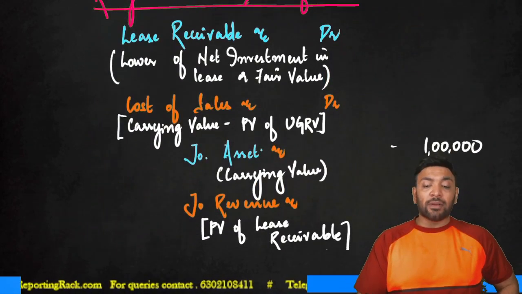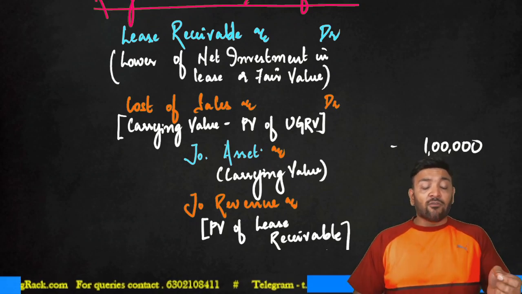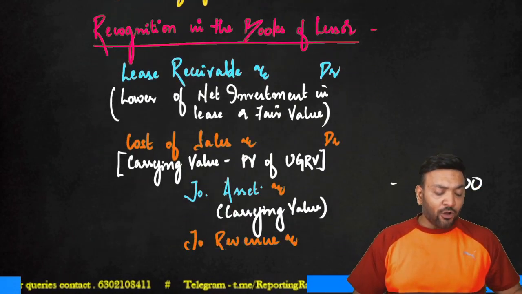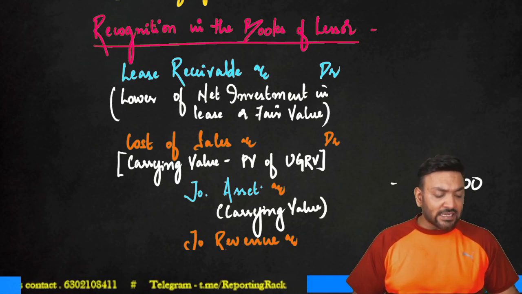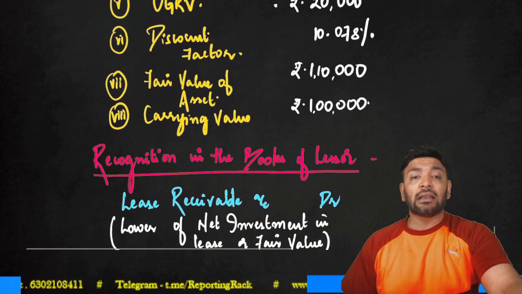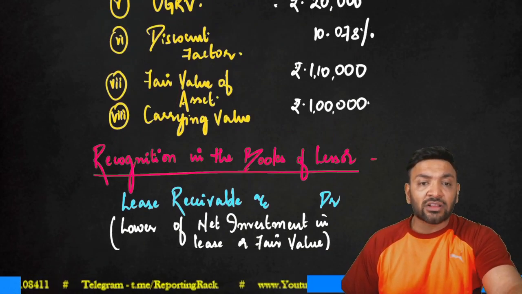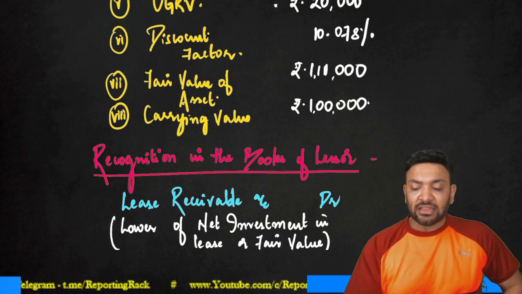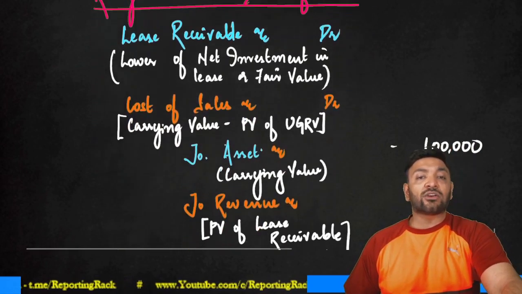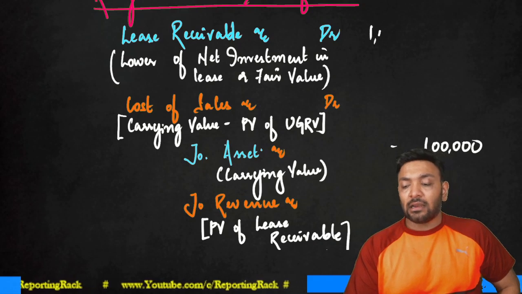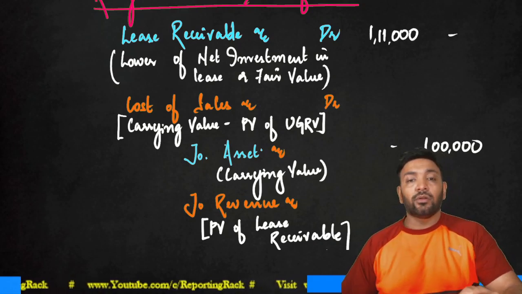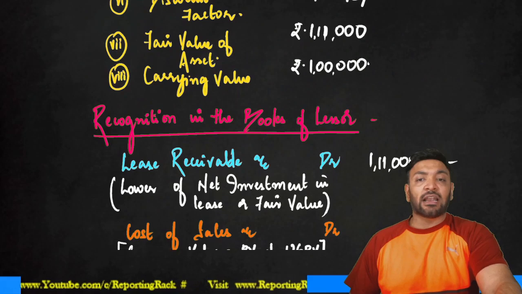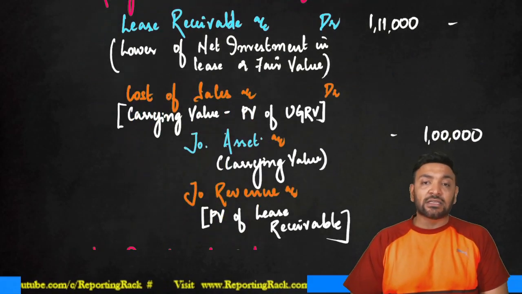Your lease receivable should be measured at the lower of net investment in lease, 1,11,010, or fair value of the leased asset, 1,11,000. So the lower of these two should be 1,11,000. I measured it at 1,11,000 itself.